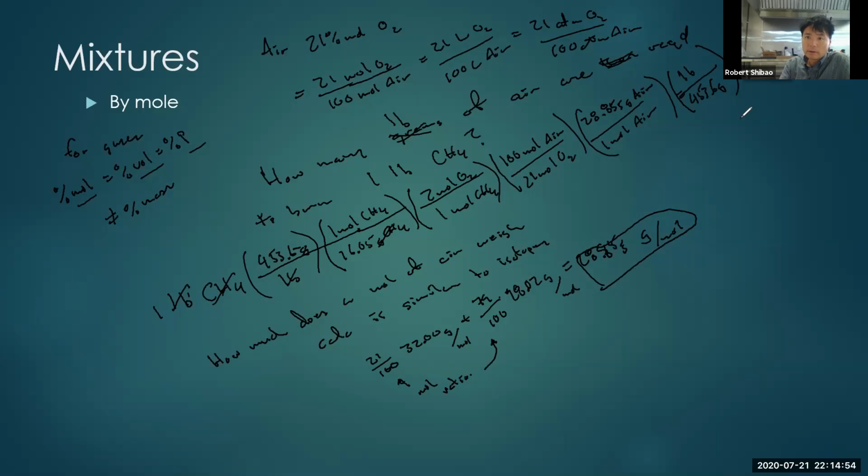And I end up with 17.12 pounds of air. Remember, we only needed 4 pounds of oxygen, but we're going to need 17 pounds of air because air only has 21% oxygen in it. So 17 pounds of air. This is a mixture type stoichiometry problem using moles.